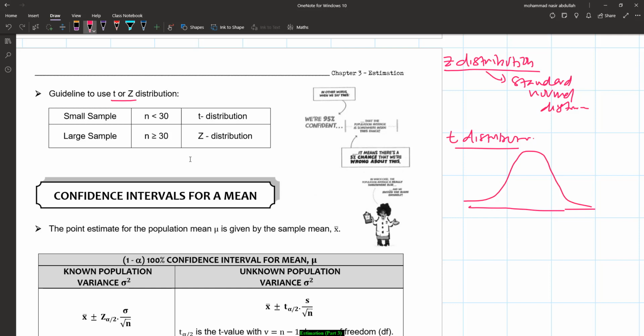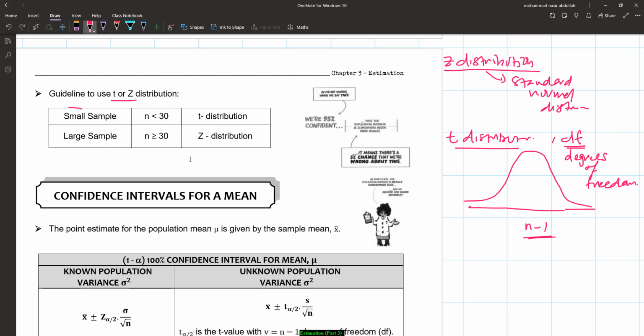The adjustment is by using degrees of freedom. Degrees of freedom will modify the sample size by n minus 1. So that's why it is a t distribution.